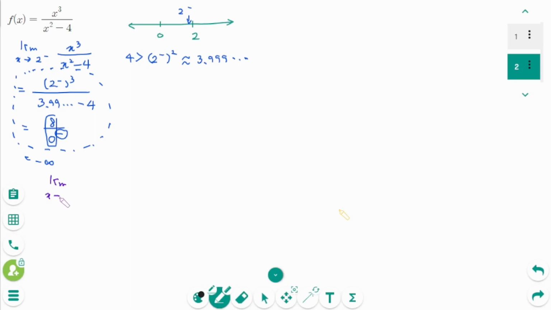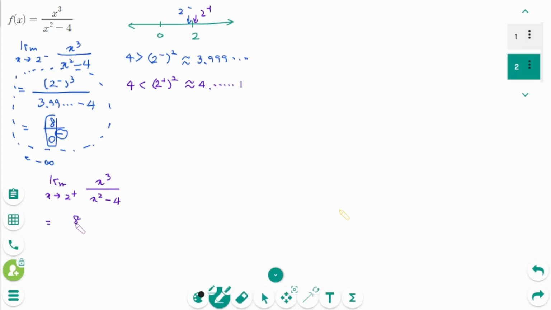Limit as x approaches 2 from the right side of x cubed over x squared minus 4. 2 from the right side is here, just a little bit greater than 2. Then 2 from the right side squared is greater than 4. Just think of it as 4.00001.